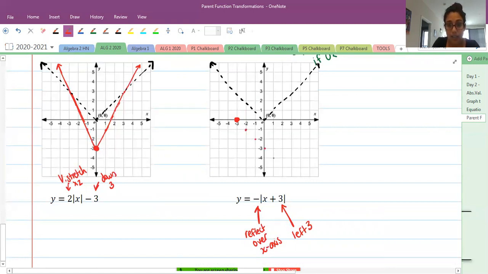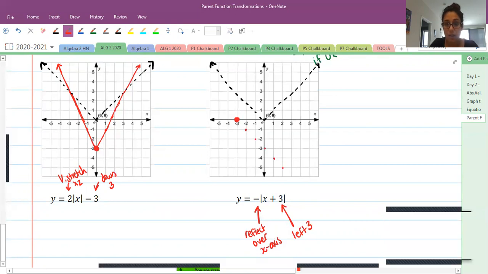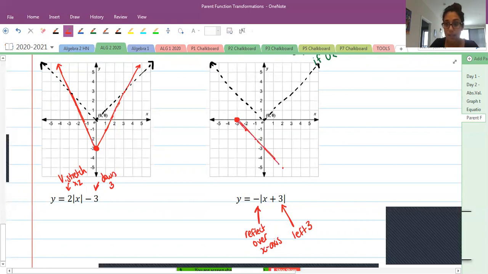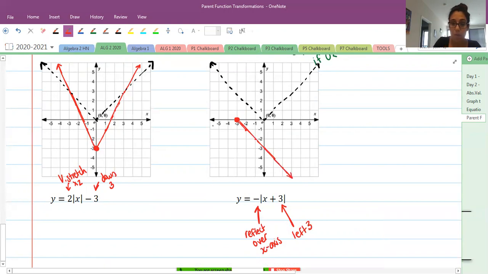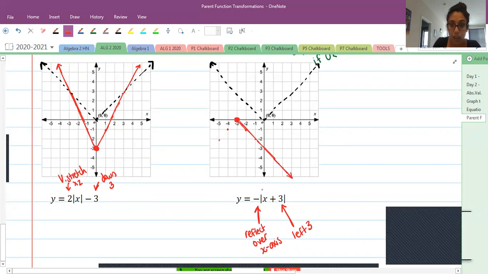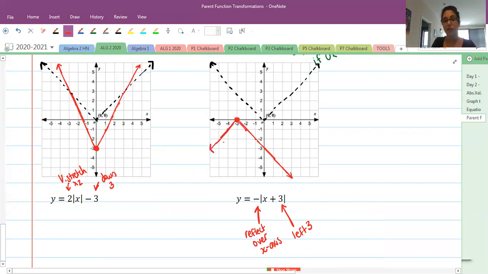It hasn't gotten any skinnier or wider, because there's no number, right? There's not like 2 here or 1/2. It's the same thing, but it's just flipped upside down. And there's your function. It looks weird. It looks like a check mark upside down because it's not a full V because we moved it, but that's it.